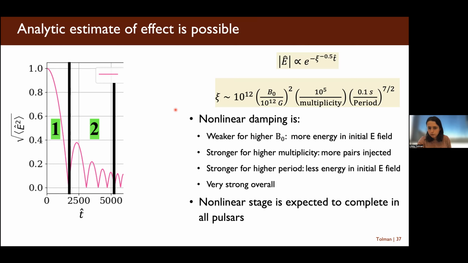If you have a higher multiplicity, you have a lower psi, which means you have a higher 1 over the square root of psi, which would be a stronger damping, right? Oh, sorry, I didn't see that's an exponent of minus 0.5. Okay, sorry. Yeah, there's a lot of steps there.